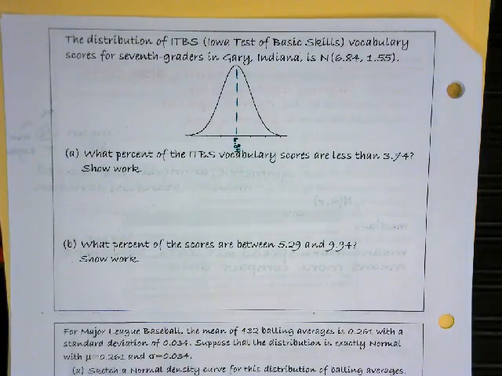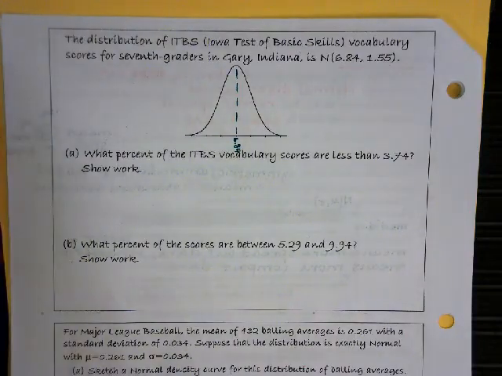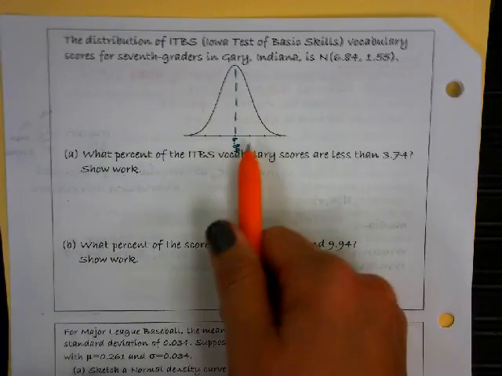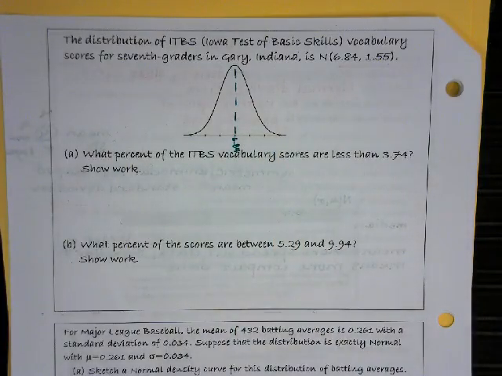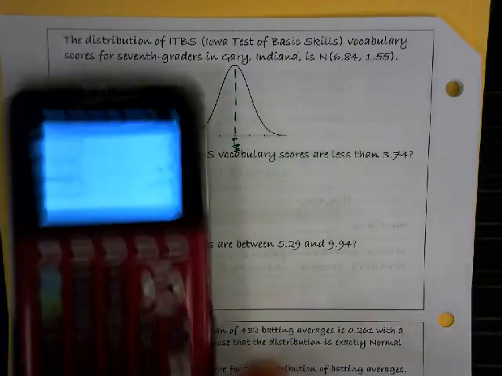This hash mark is one standard deviation above the mean. So that'd be 6.84 plus 1.55, which gives me 8.39.